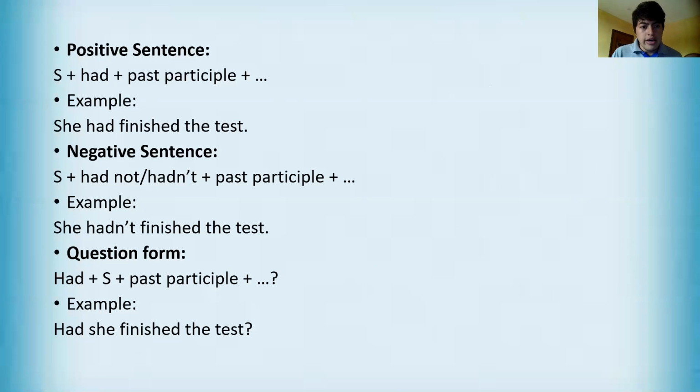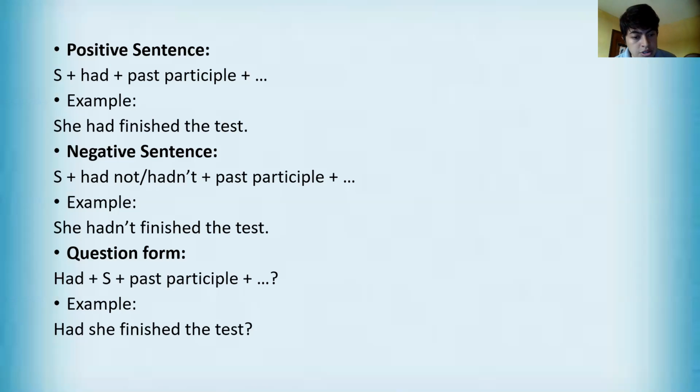Example: she had finished the test. For the negative sentence, we have subject plus had not, hadn't, plus past participle. Example: she hadn't finished the test.